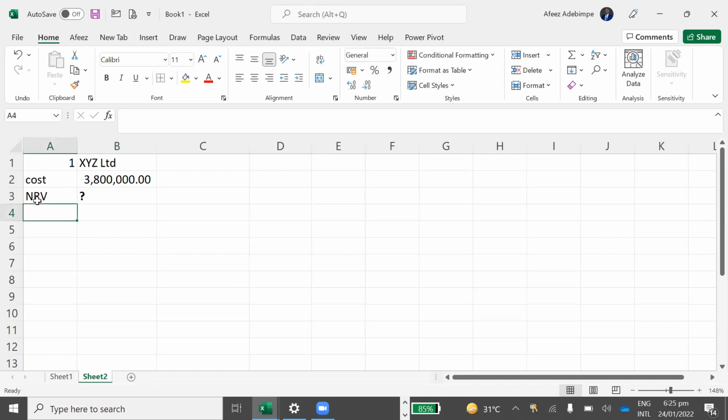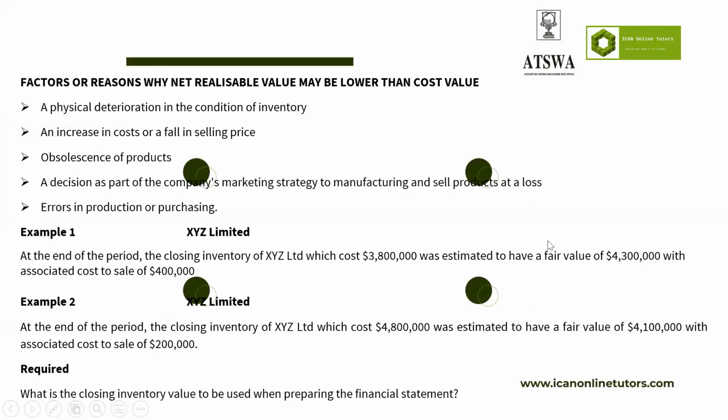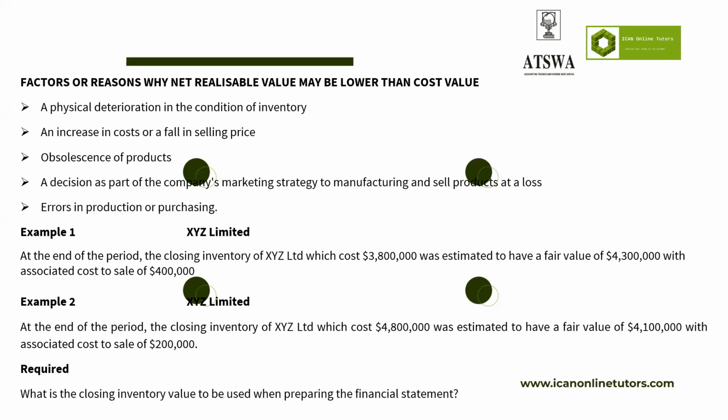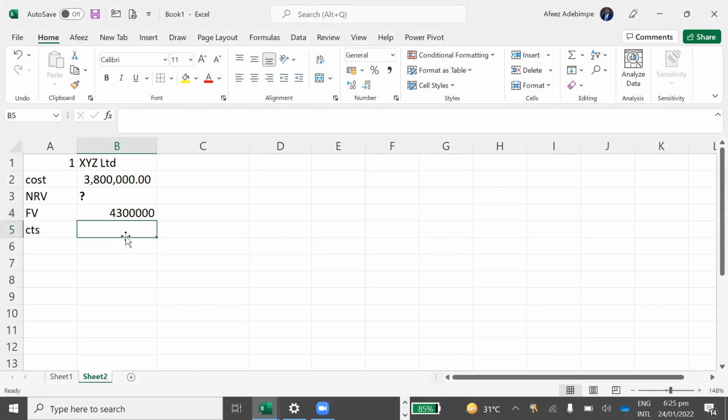But I have fair value in the question and I have cost to sell. Let me call this cost to sell, CTS. So from the question, my fair value is given as $4.3 million, right? And my cost to sell is given as $400,000.